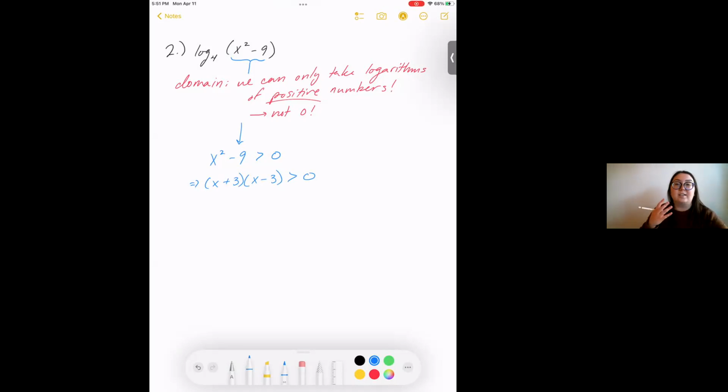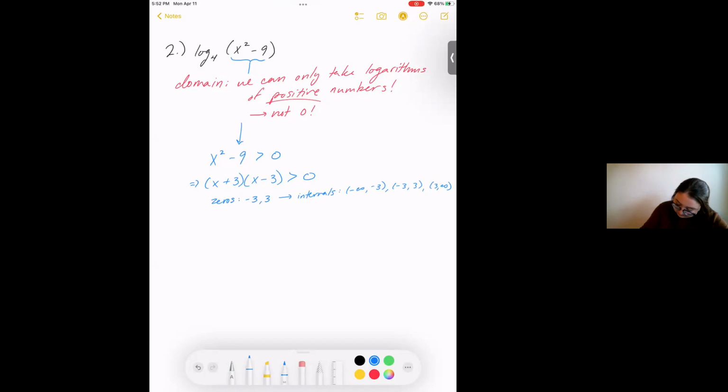So our zeros in this case are going to be -3 and +3, which means our intervals will end up being -infinity to -3, -3 to 3, and 3 to infinity. So these are the 3 potential intervals that our polynomial can be positive on.